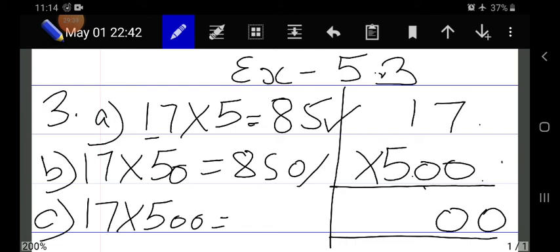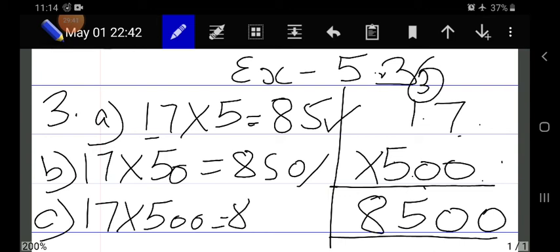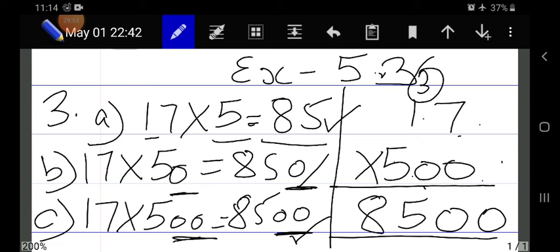And now 5 sevens are 35, 3 is carried, 5 ones are 5, 6, 7, 8. So the answer is 8500. As you can see, there are 2 zeros, that's why 2 zeros came here. There is 1 zero here, so 1 zero came, and there is no zero, that's why there is no zero.